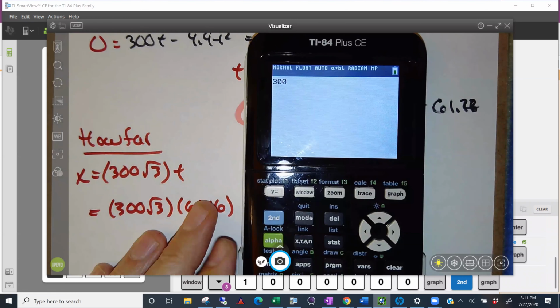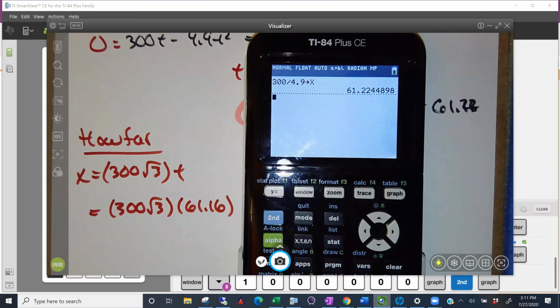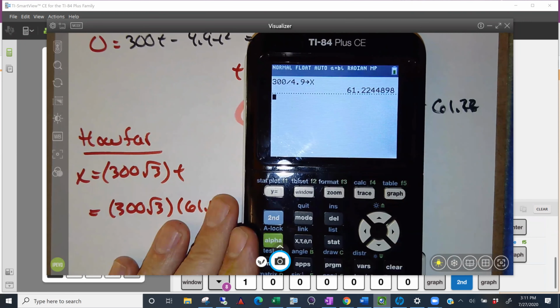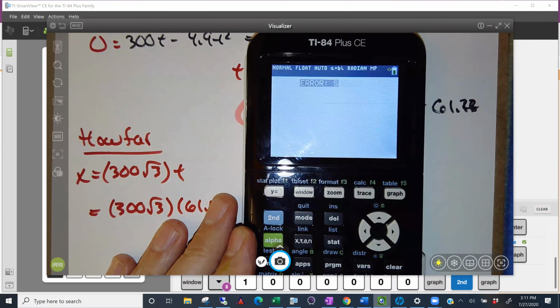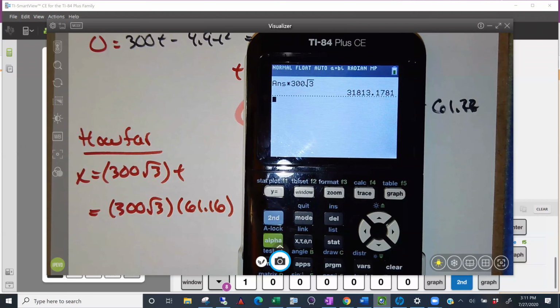So here's what we'll do. We'll take 300 divided by 4.9, and I'll hit the store key. I'm going to store that in X. Now, if you're still in parametric mode, or probably store it in T, that's fine. But I'm going to take this. You know what? You just hit the times key. Times 300 square roots of 3. There you go.